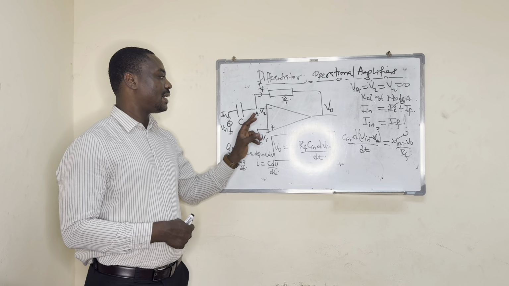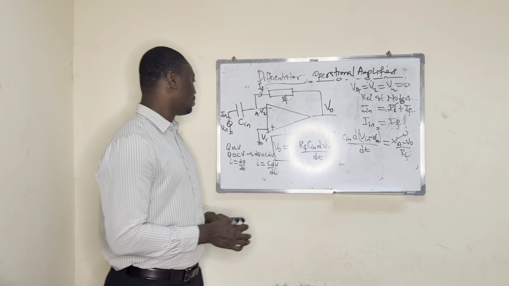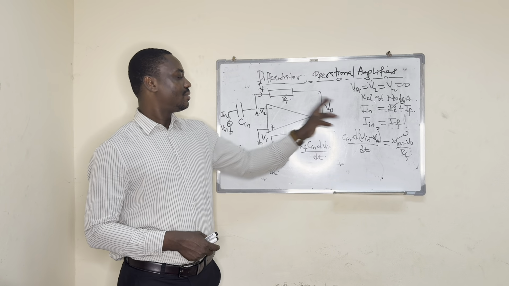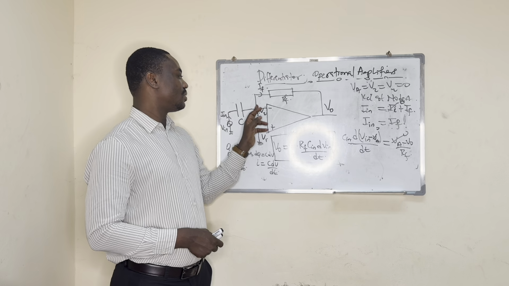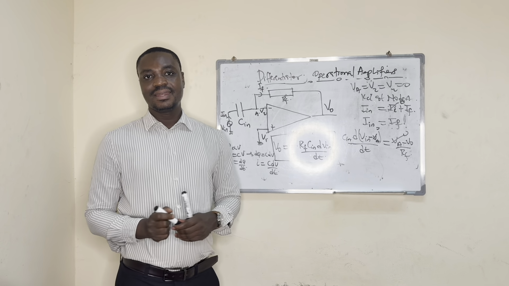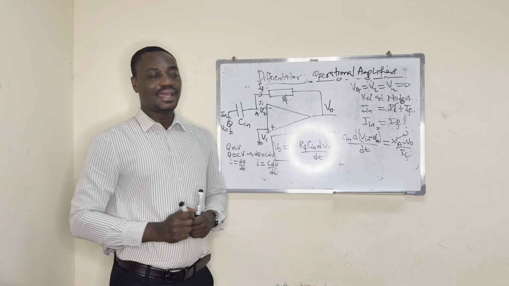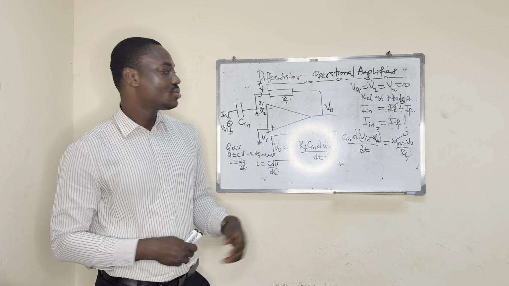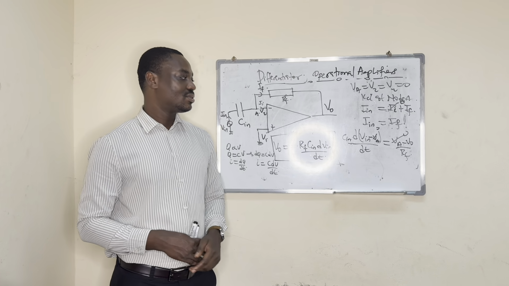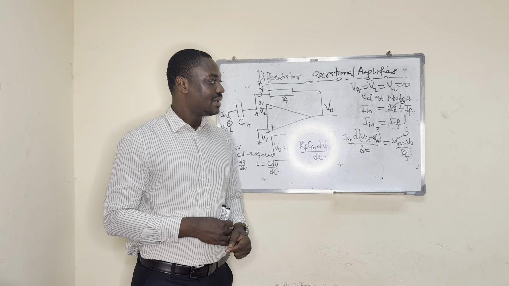Then we can apply Kirchhoff's current law at node A, and in doing so, we get this equation. At this node, I_in is the only current entering node A, and I and I_F are leaving the node. So the sum of current entering should equal the sum of current leaving: I_in plus I plus I_F, which is the feedback current.